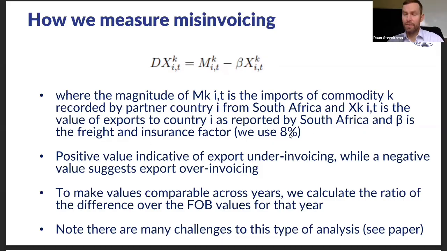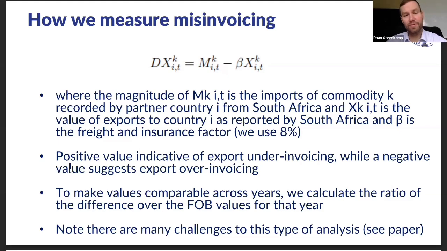And we used a factor of 8%, but one could easily change that as well. Then if you get a positive value, that's indicative of potential export under-invoicing, while a negative value would indicate potential over-invoicing. So to make figures comparable across years, we calculate the ratio of these differences as a percentage of trade. So we present data in Rand billion terms, but also in percentages.